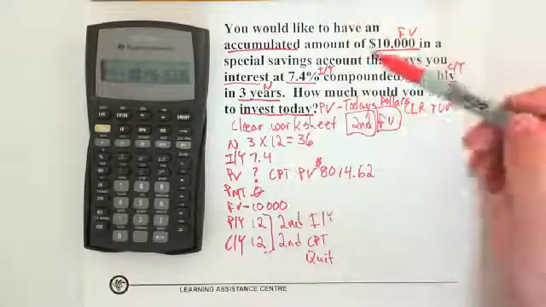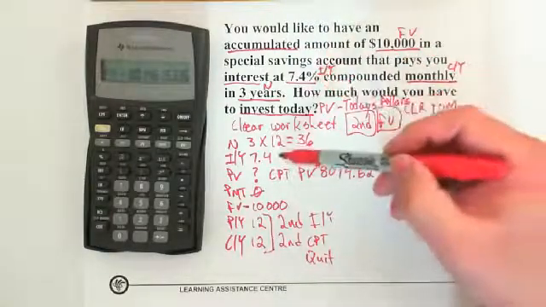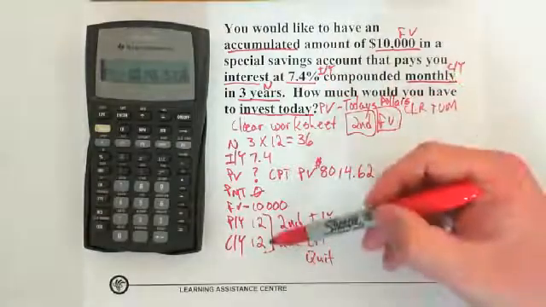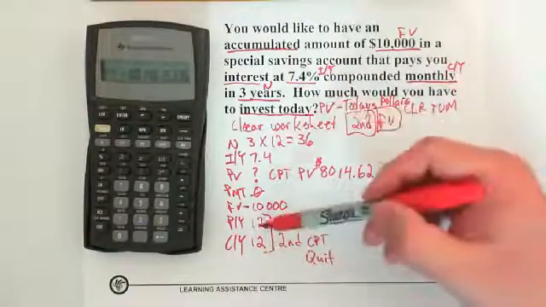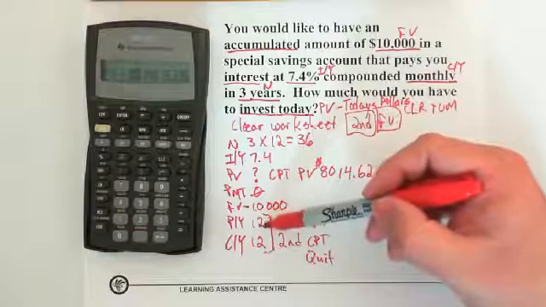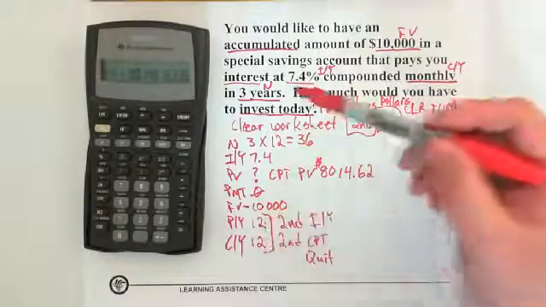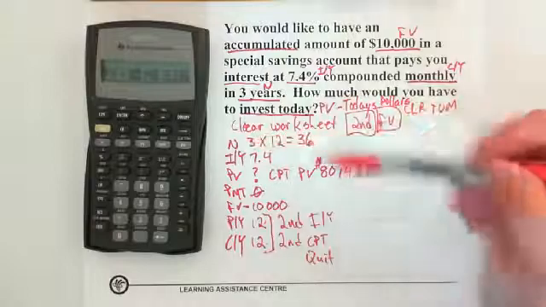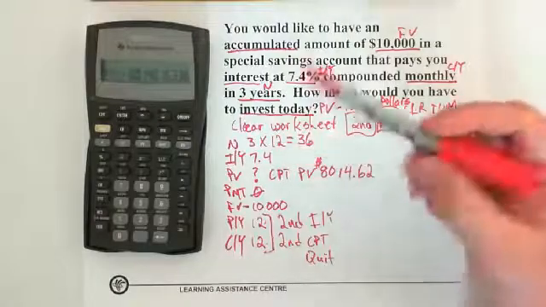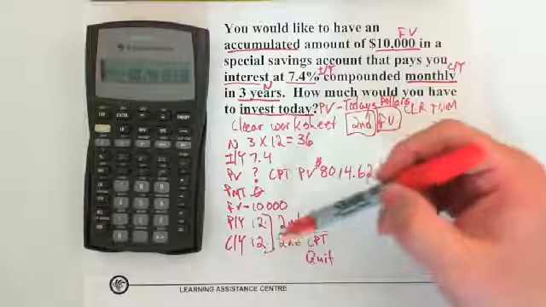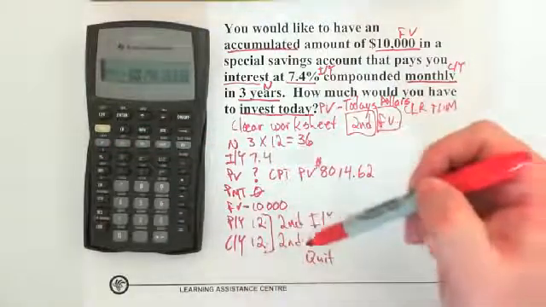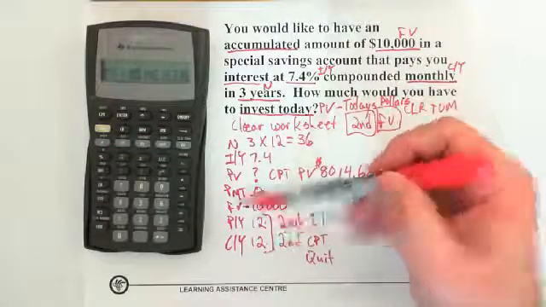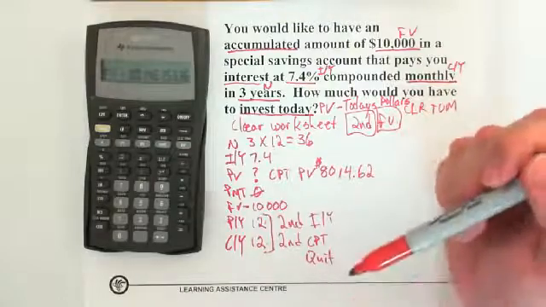The interest rate was 7.4, compounded monthly. And then the PY became 12 because there's no payments, so PY and CY were the same. And then for 3 years, so 3 times 12, 36. And then we just enter the numbers into our row of buttons, enter the PY and CY separately, and compute the present value.